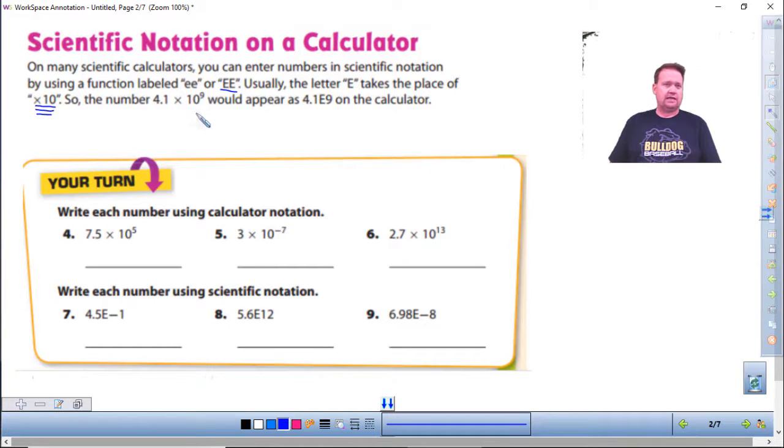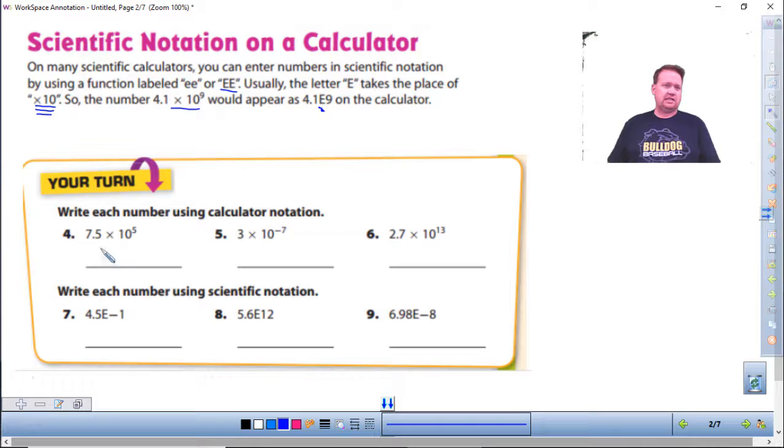So 4.1 times 10 to the ninth is a 4, followed by a 1, and then 8 more zeros. In a calculator, it wouldn't look like 4.1 times 10 to the 9. You'll notice that there's an E right there, and that takes the place of times 10 to the. So it would look like 4.1 E 9. That tells you there's 9 decimal places that you have to move.